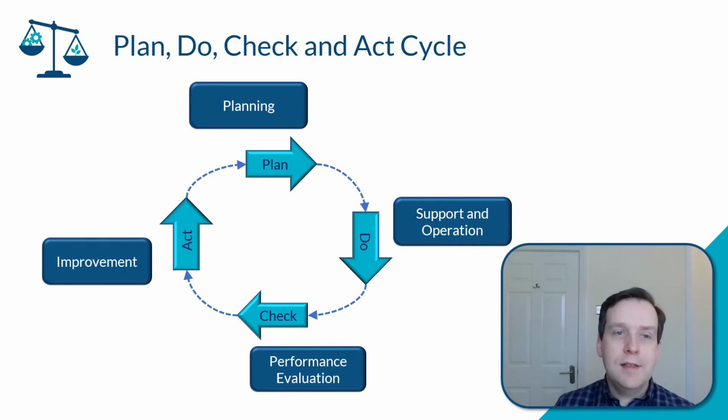Act is improvements, and you start the cycle again. And this diagram is seen as the basic continuous improvement loop that many processes, business initiatives would be following, and can be broken down to this simple plan, do, check, act cycle. And that is inherent in all the ISO standards.